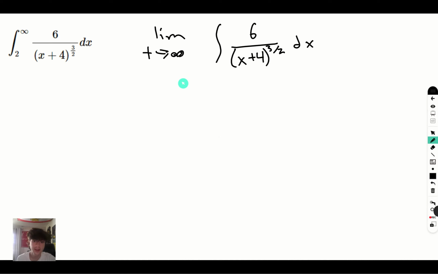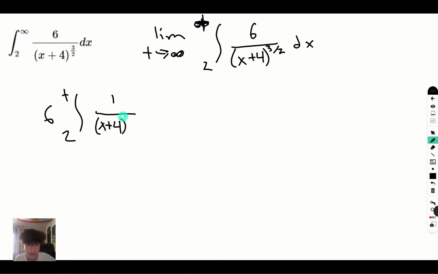So the first thing I like to do is to take out this 6 for the sake of simplicity. Sorry, I meant to put a t here. There you go. 1 over x plus 4 to the power of 3/2.